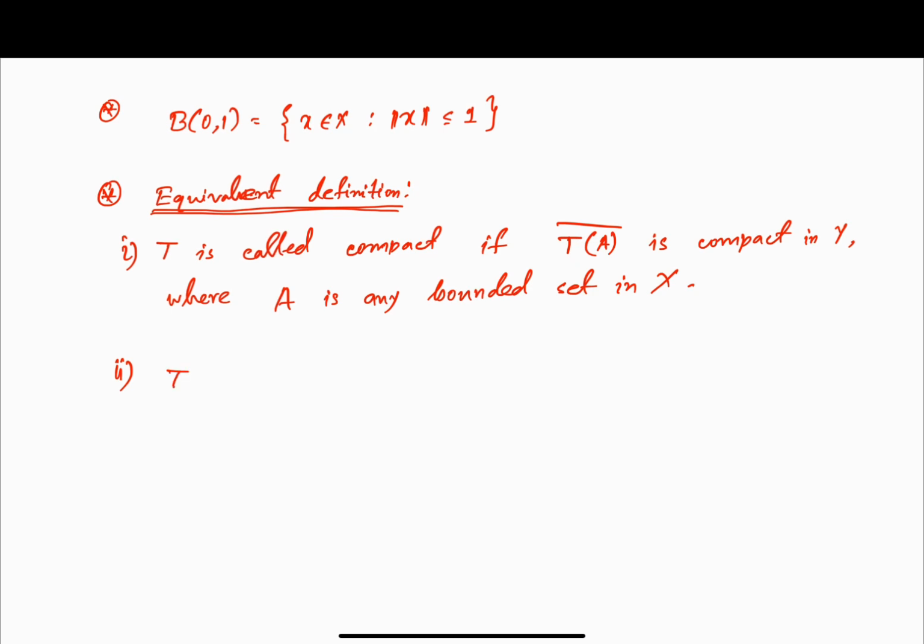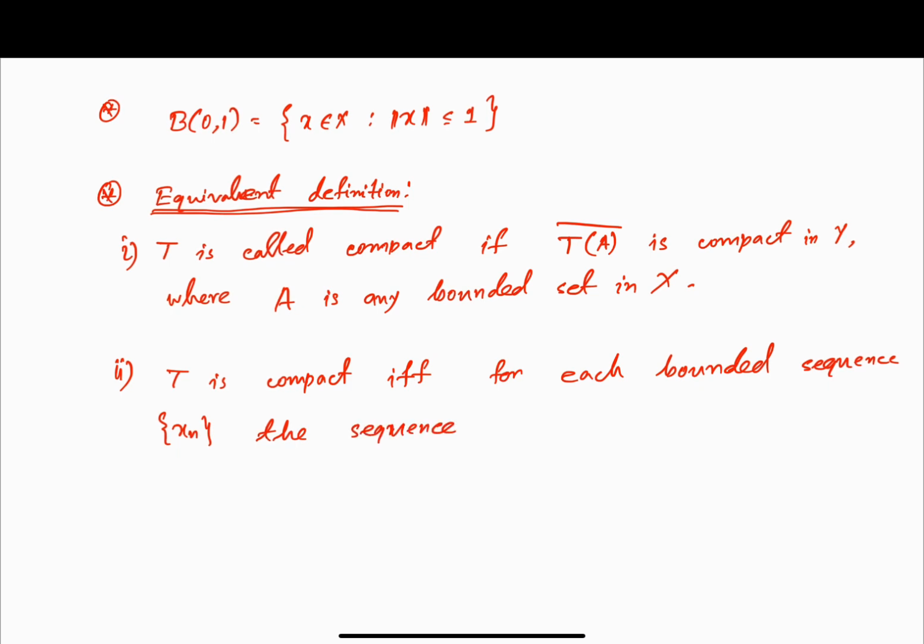So T is compact if and only if for each bounded sequence xn, the sequence T(xn) has a convergent subsequence.